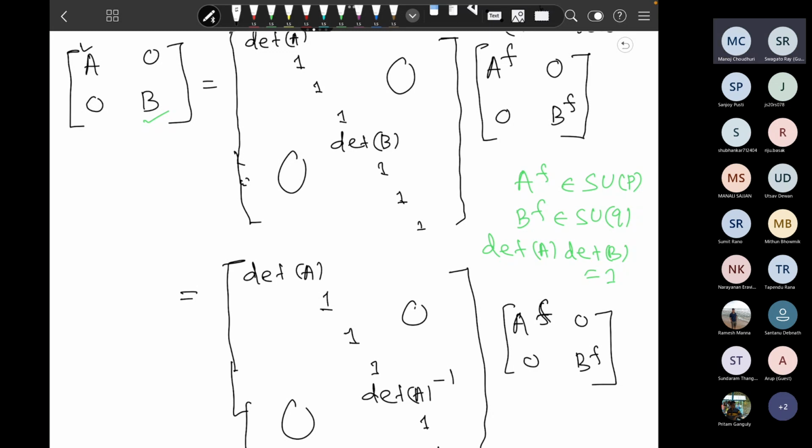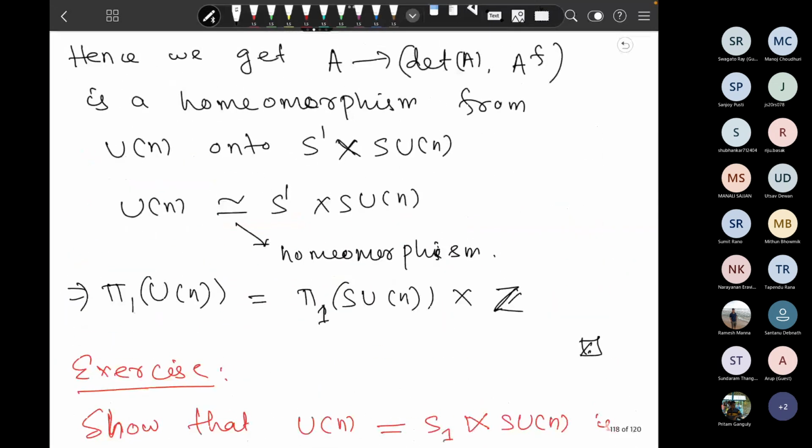I am only bothered about the topology being the product topology. That is clear. You are not saying it's a group homomorphism, you are saying it's a homeomorphism. Actually, this previous thing I could have avoided, but I thought it would be good to know something.